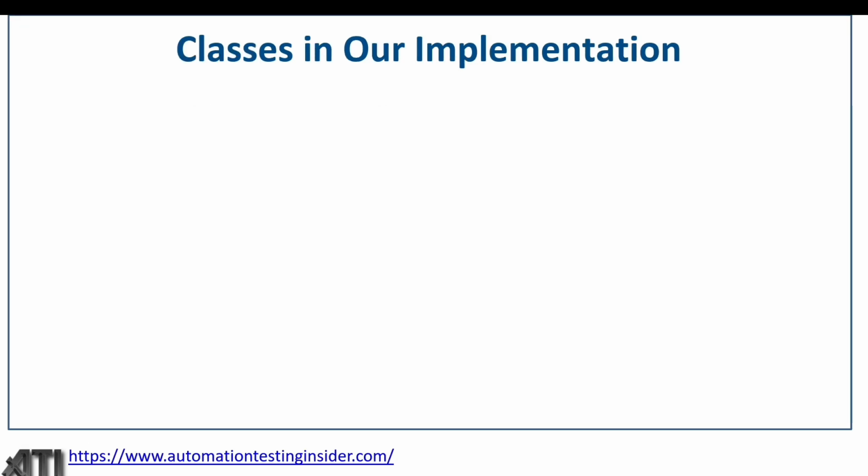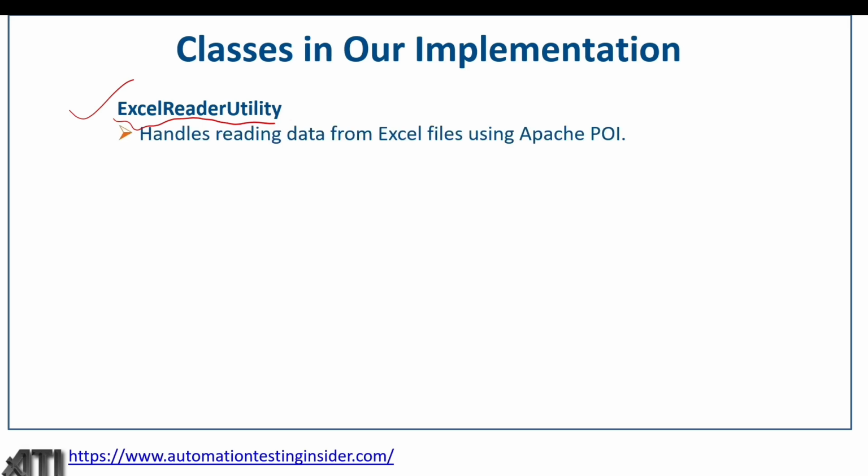Now what would be our approach? What are the different classes we are going to implement as part of this data-driven testing? We are going to create one utility class, ExcelReader utility, to read the data from the Excel file. It handles reading data from an Excel file using Apache POI.